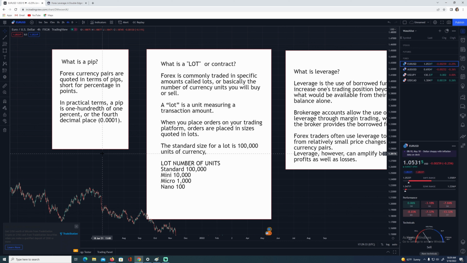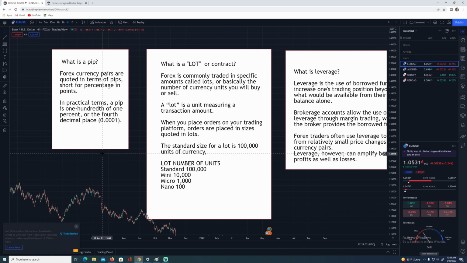So if it goes up 10 pips, I get $100. If it goes up 100 pips, I get $1,000.